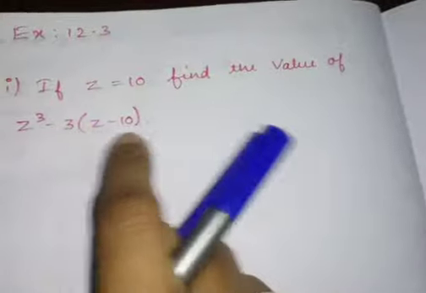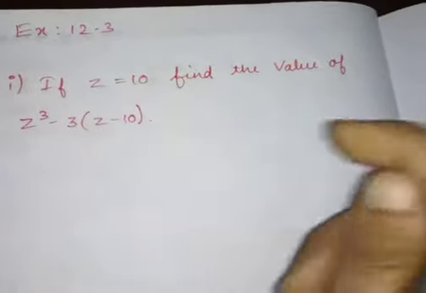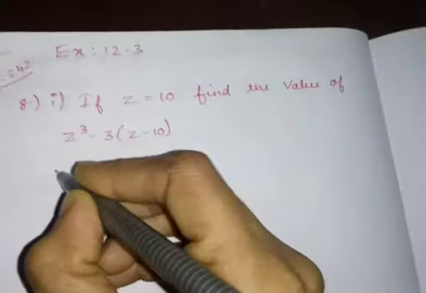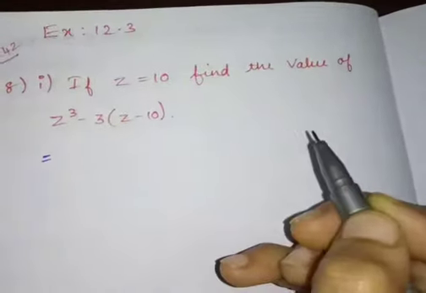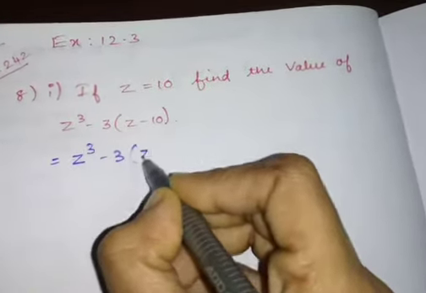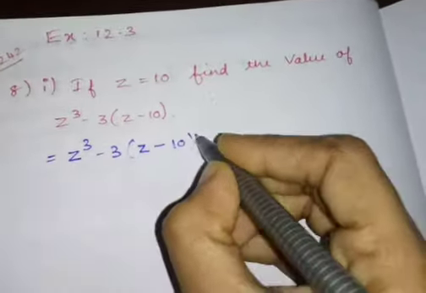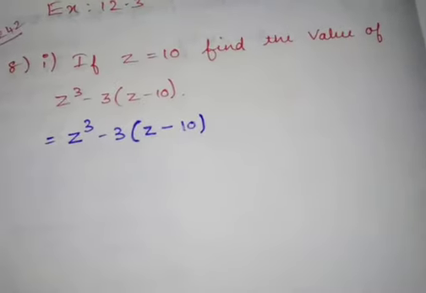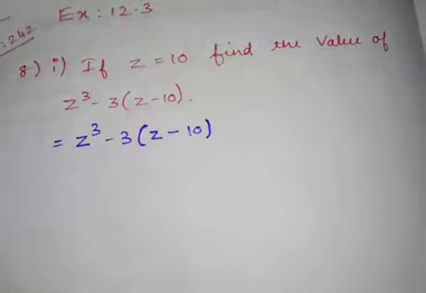So, this is the expression and this is the value of the given variable. First we have to simplify the expression. Z cube minus 3 into z minus 10 is the expression given.